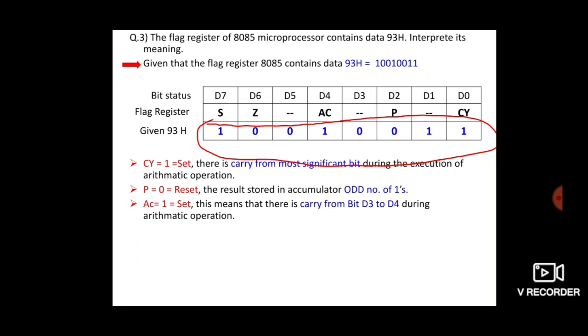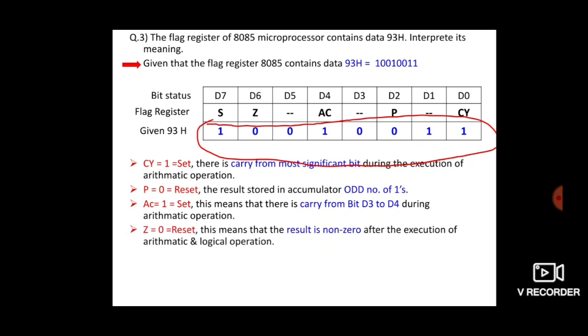Now next, at the zero flag position, which value is there? 0. 0 means reset, so the zero flag is reset. It means that after the execution of the arithmetic and logical operation, the result is non-zero. And the last one is the sign flag.